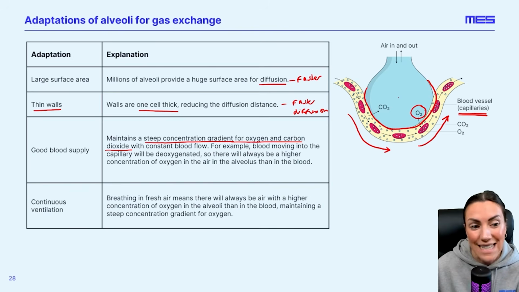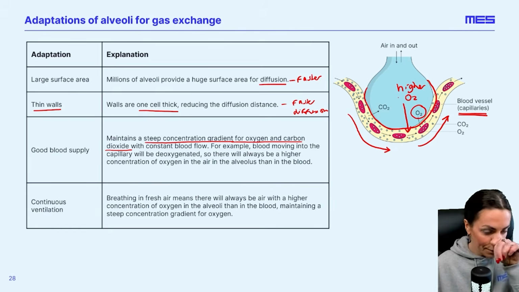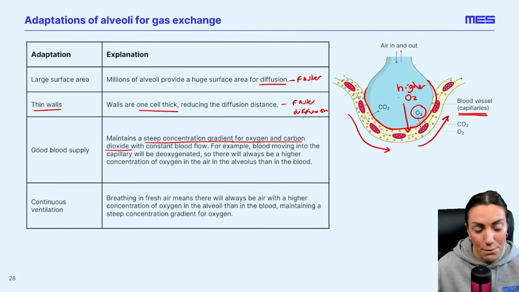So what that means is there will always be a higher oxygen concentration in the alveolus compared to the concentration of oxygen in the blood in the capillary. So we're maintaining the concentration gradient, so equilibrium is never reached and oxygen will continue to diffuse into the blood. At the same time, because the blood is constantly flowing, it is always bringing in blood with a higher concentration of CO2.